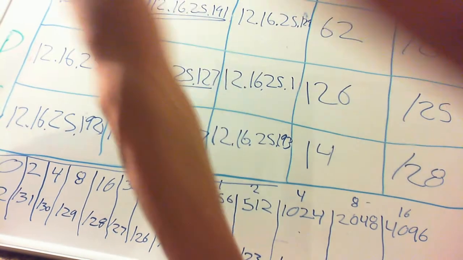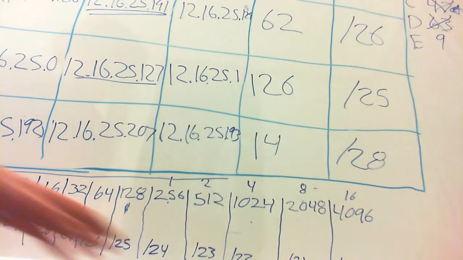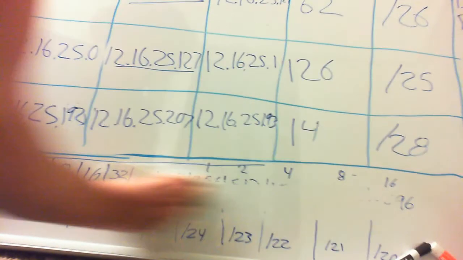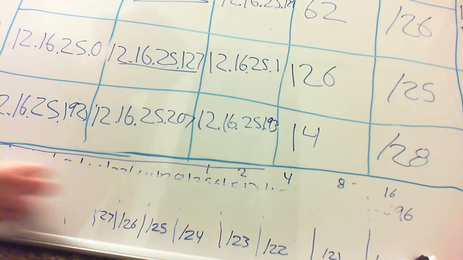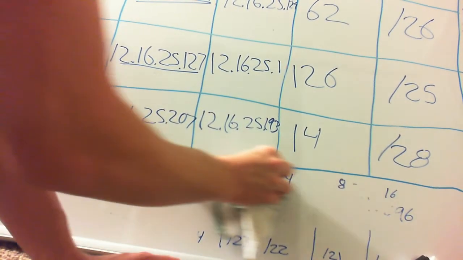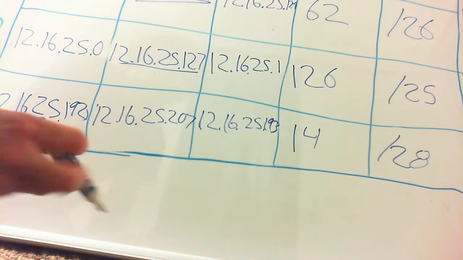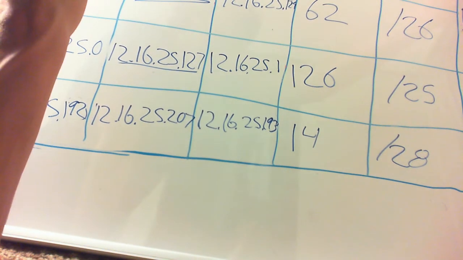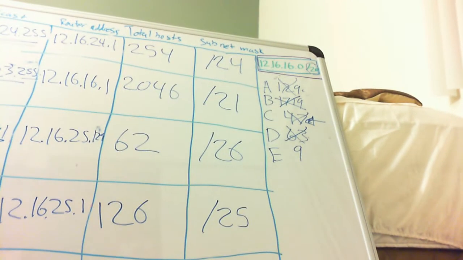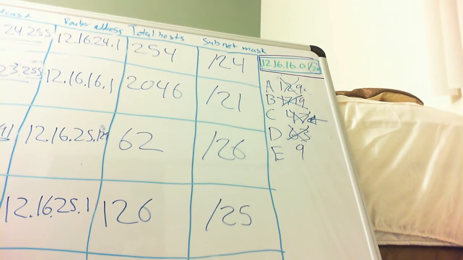Okay. Last part, most important part. Take this /20, and that would be 16 class C's.